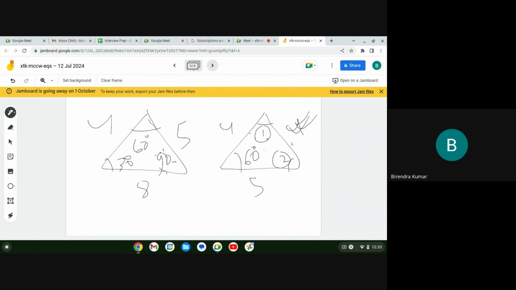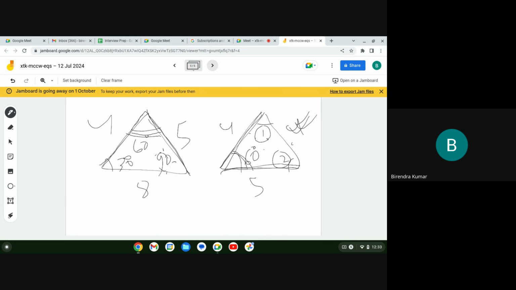Now, between this triangle and this triangle, what do you see? One side and this is the second side, 4 and 5. 4 and 5 are matching. Same length, right? And look at the angle between them also. This is 60 degrees. Between 4 and 5, this is 60 degrees.